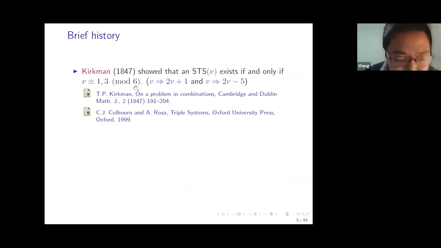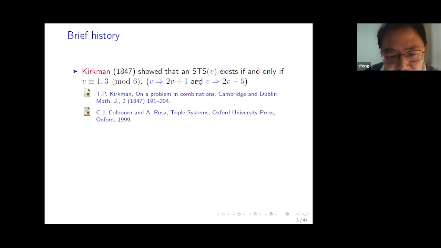Kirkman in the 19th century showed that a Steiner triple system of order v exists if and only if v is 1 or 3 modulo 6. He obtained this result by using 2 recursive constructions. He proved that if there is an STS(v), then there is an STS(2v+1).